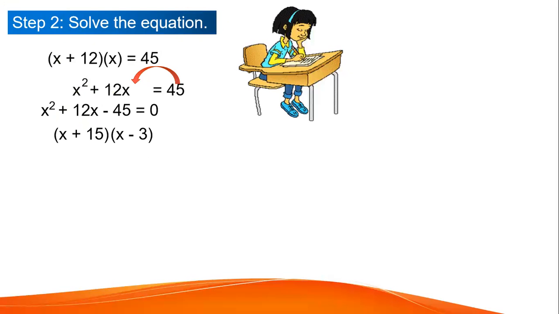So therefore, we have (x + 15) multiplied by (x - 3). These are the two factors of negative 45: positive 15 and negative 3.